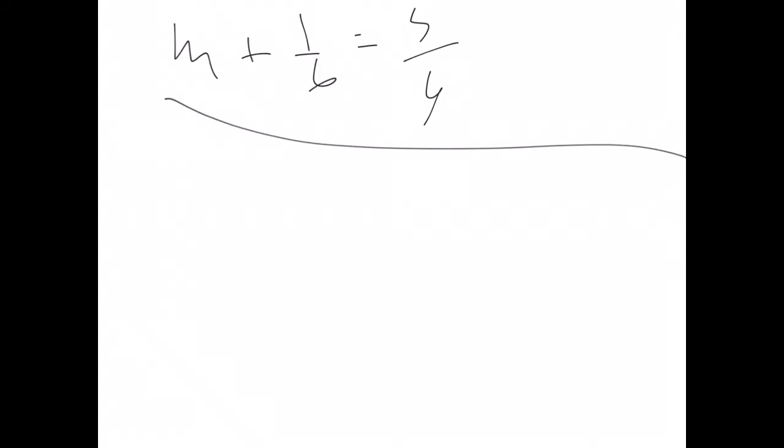This is how to solve fractions by addition. So what you do, first, to undo addition, you need to subtract. So 1/6 cancels out 1/6, and so what you do on one side, you have to do to the other side. So 5 over 6 minus 1 over 6.